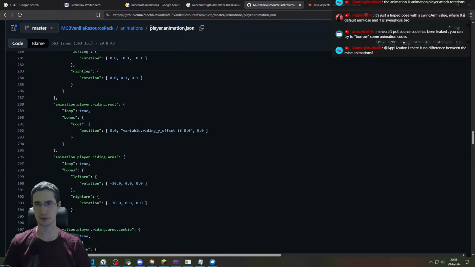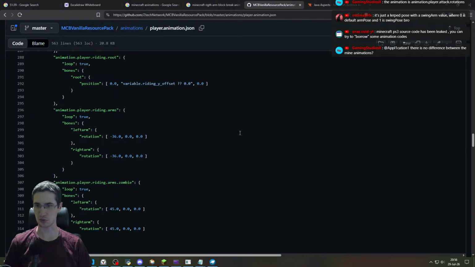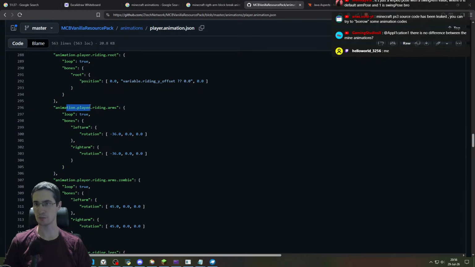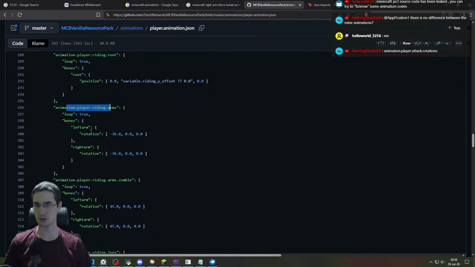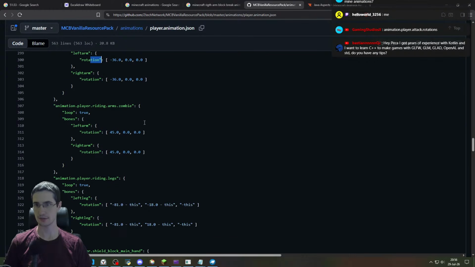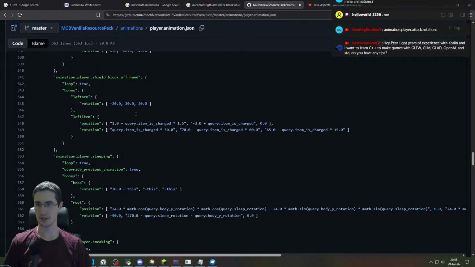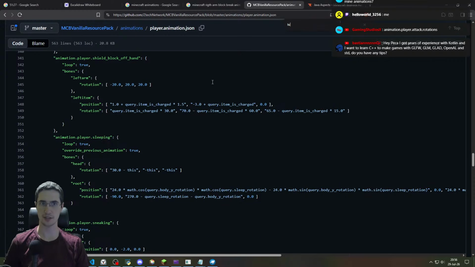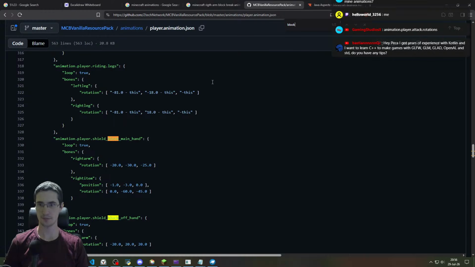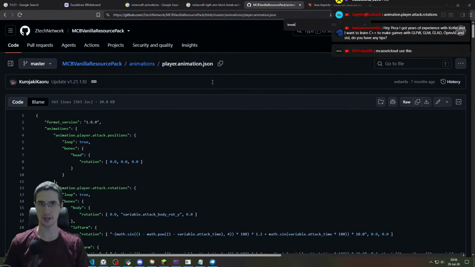This file, a viewer sent it from chat and it says player animation.json chat. And I'm curious what it has. Animation player, riding arms, rotations, player riding. Do we have here hit or block or break?